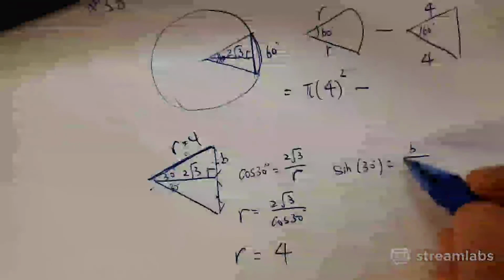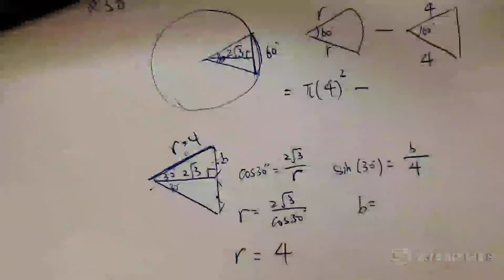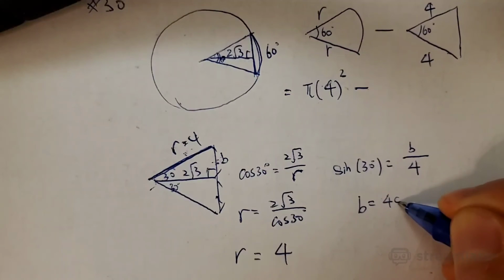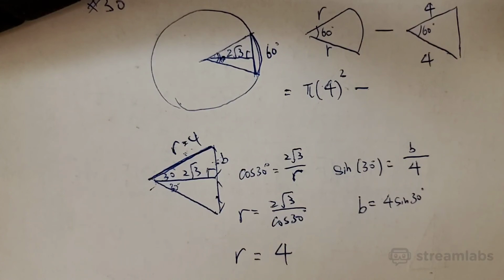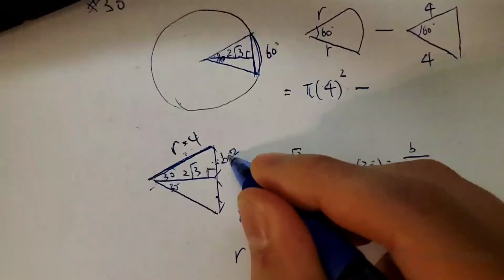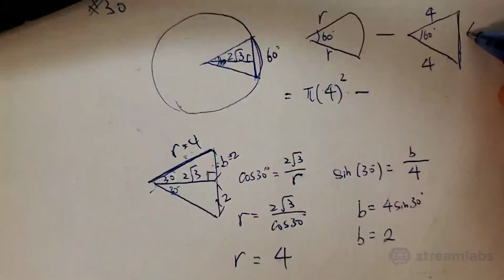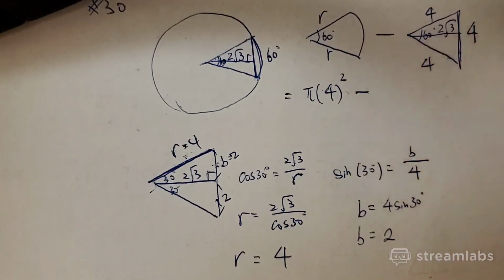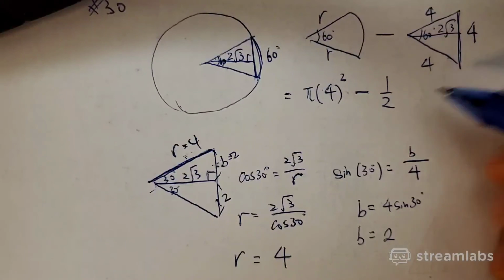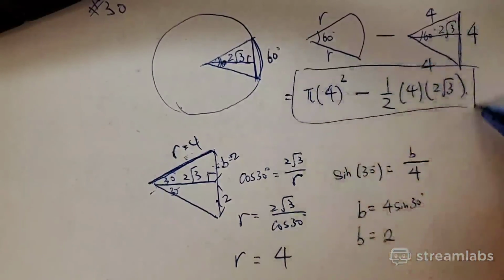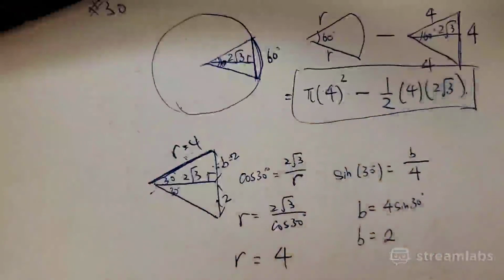Multiply it out, so B is 4 sine 30, which turns out to be 2. This is 2, this is 2, so the whole base here is 4. You remember your height was 2√3? So you can do 1/2 base times height. That's all, and then you calculate what this is after you're done.